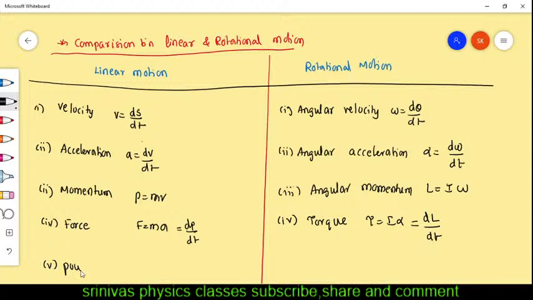Next is the power formula. In linear motion, power is force into velocity. In rotational motion, power is tau omega. Force is replaced with torque and velocity is replaced with angular velocity. Okay. Next.